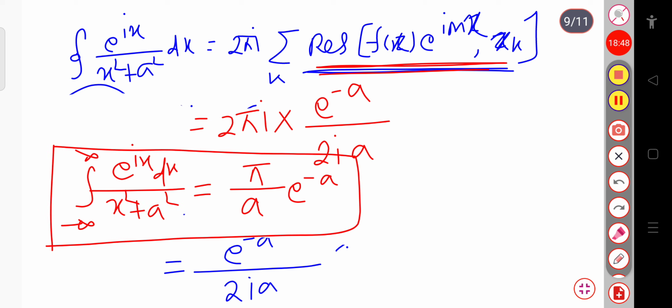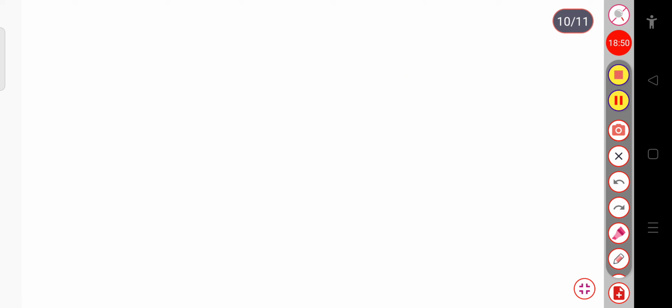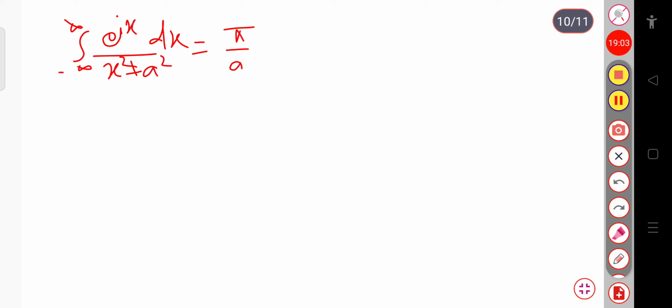So our expression is minus infinity to plus infinity exponential ix dx divided by x square plus a square equal to pi by a times exponential minus a. Now you can see that this exponential ix term can be split into two parts, one real part and one imaginary part.